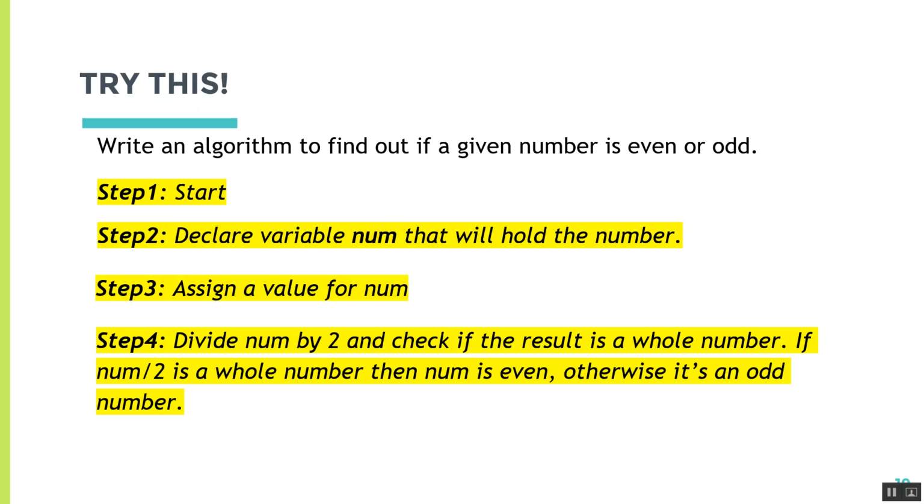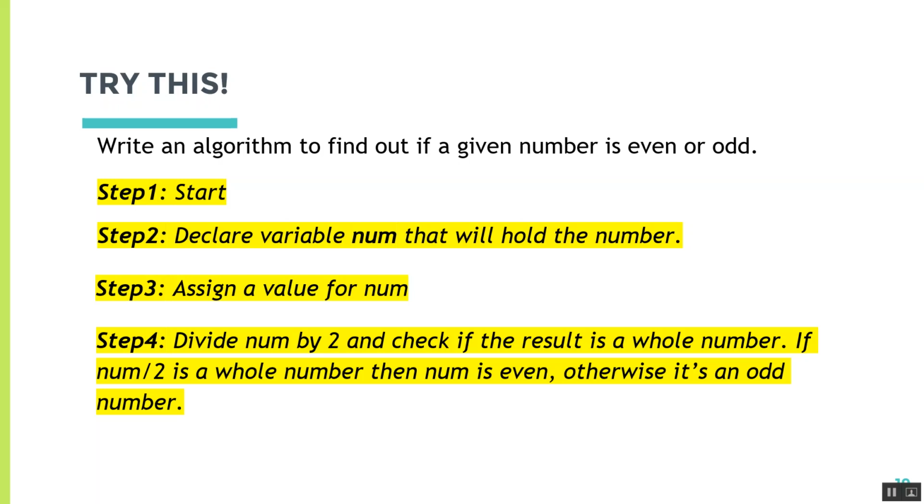Otherwise, it's an odd. Okay? So since 5 divided by 2 is something like 2.5, it's not a whole number, it's a fraction or decimal number. So that's why it's an odd number.